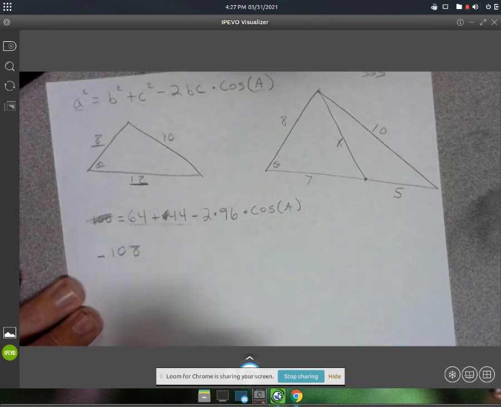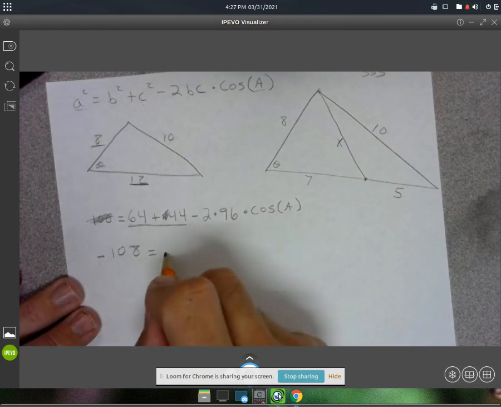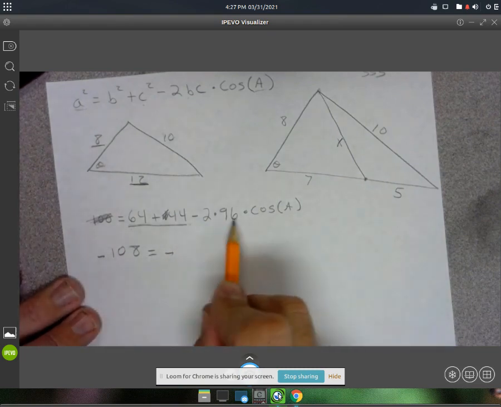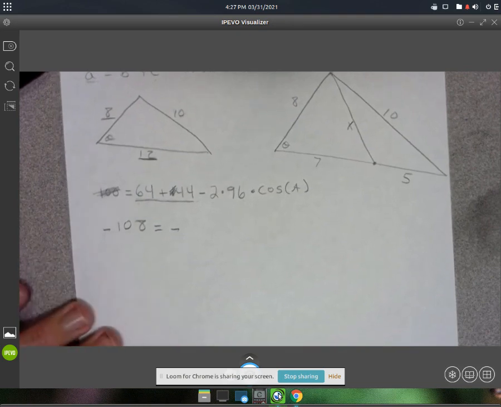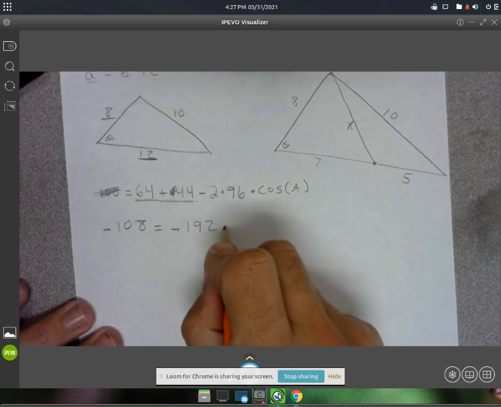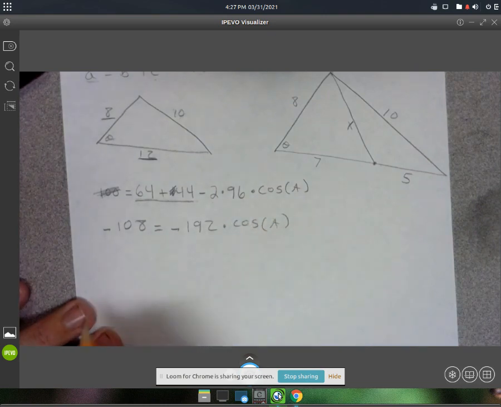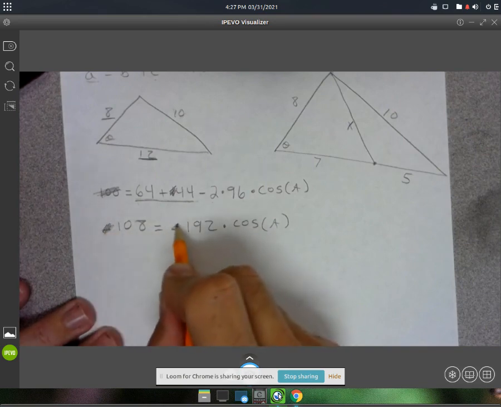So I get negative 108 for these two parts. That's equal to negative 2 times 96, that's 192, 192 cosine A. I can get rid of these negatives.